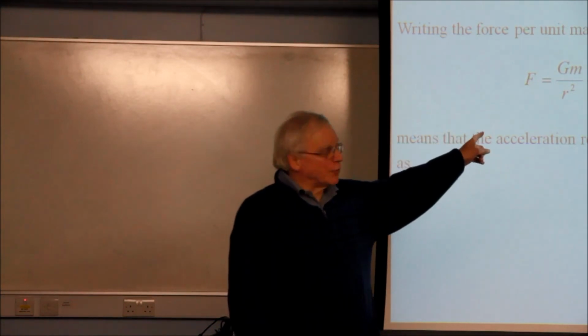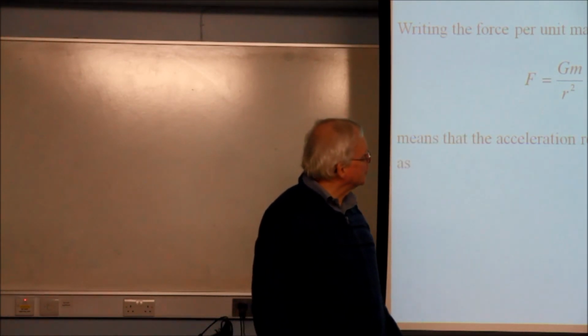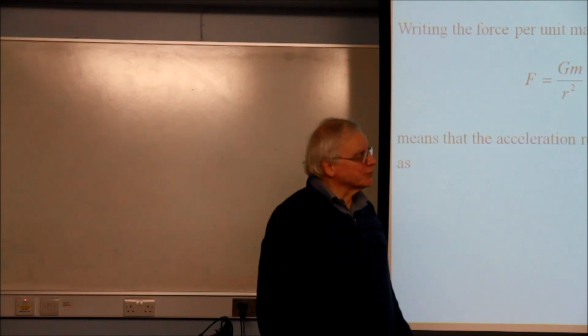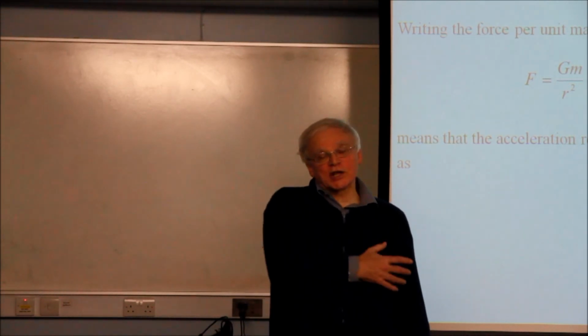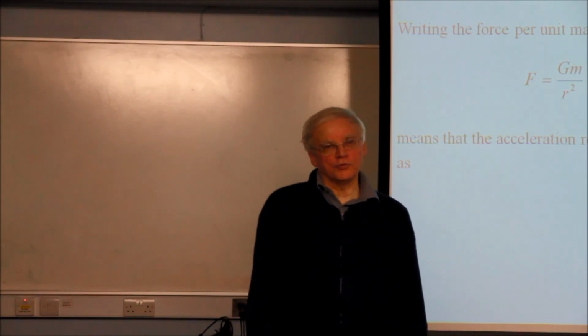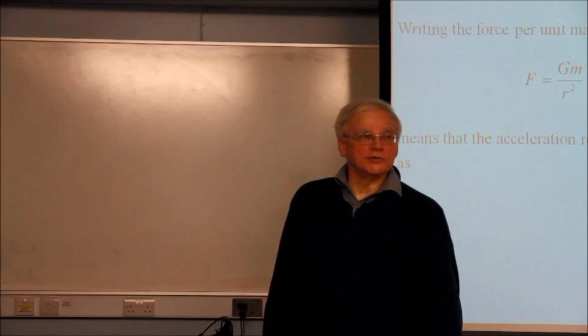Now if we write the force per unit mass that way, then we clearly know what the acceleration is. GM over r squared, the Newtonian term, force per unit mass, minus H naught squared r, which is the acceleration outwards for the dark energy term.